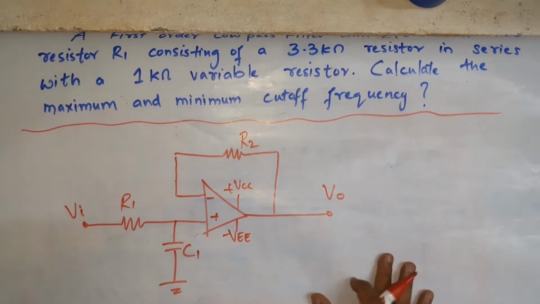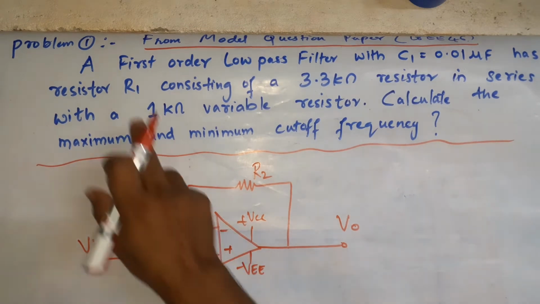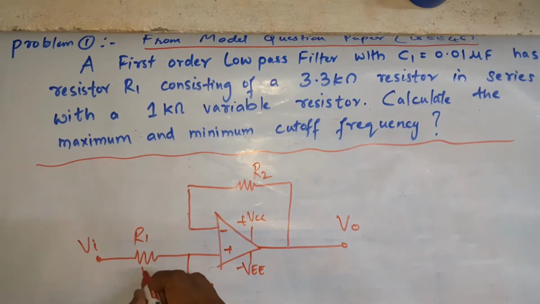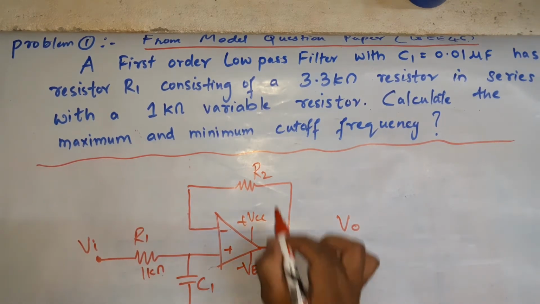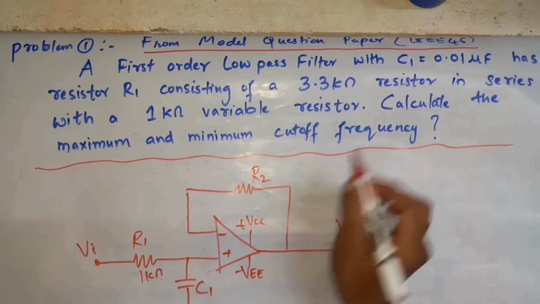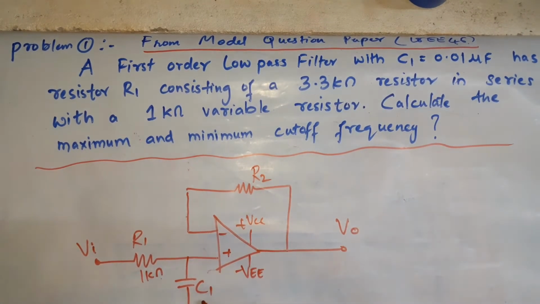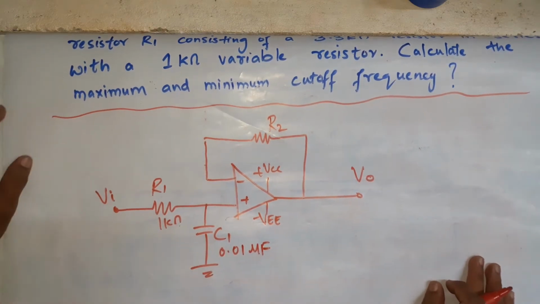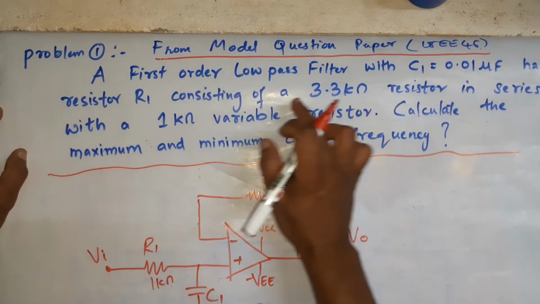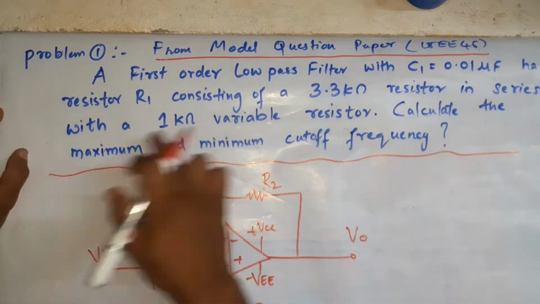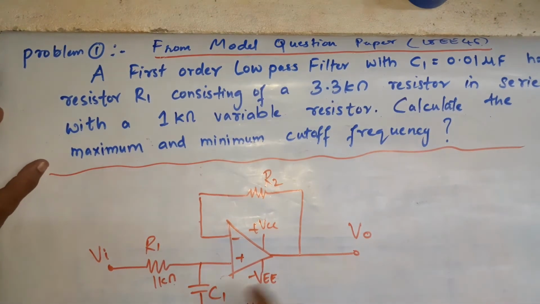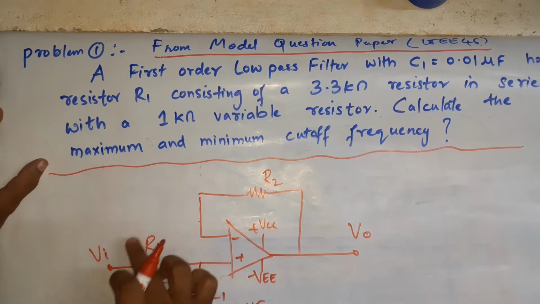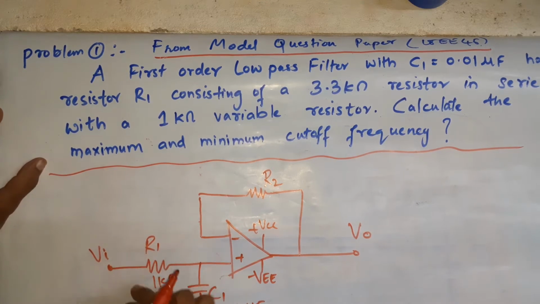Now he is telling that the resistor R1 value is 1 kilo ohm, and resistor R2 is unknown. Let it be. C1 value is given to you as 0.01 microfarad. Now, what he is telling is that R1 has a resistor in series with a 1 kilo ohm variable resistor. Along with R1 there is another variable resistor connected in series.